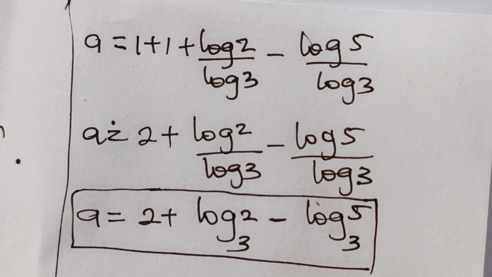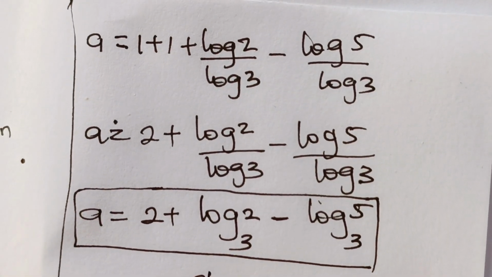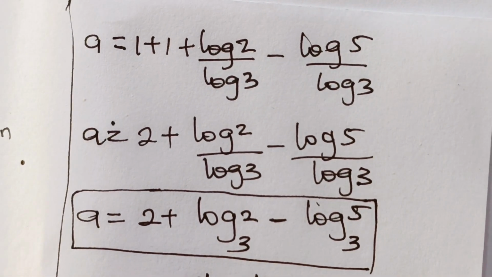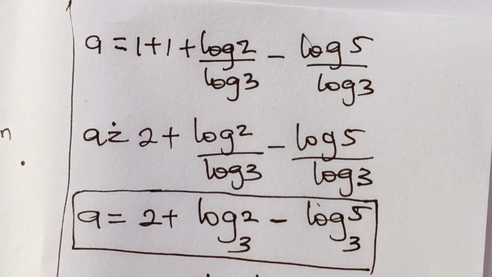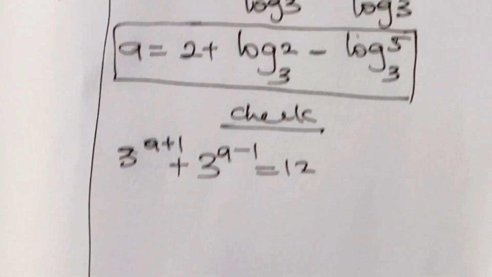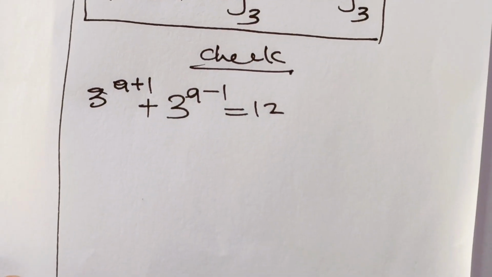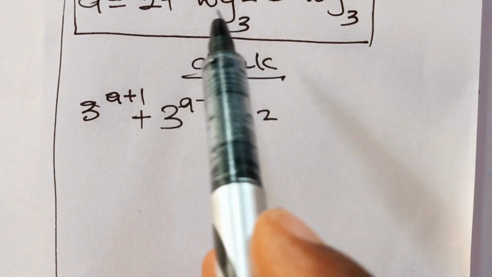Fine, now let's get to the most interesting aspect of this video, which is what? Let's check our results. Recall that we are told that 3 to the power of a plus 1 plus 3 to the power of a minus 1 is equal to 12. This is the question. Now let's check. We are going to substitute our a.